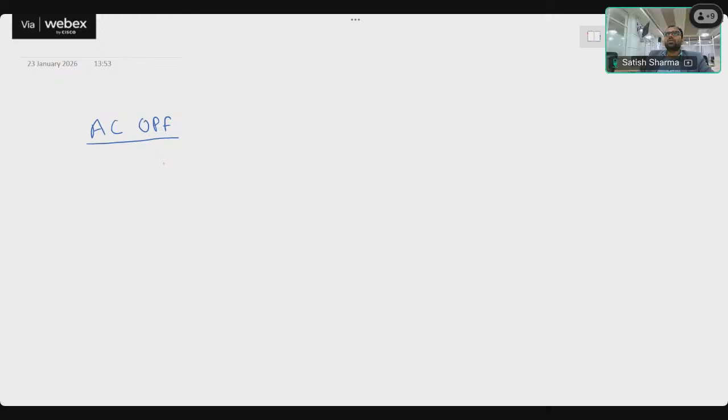Okay, so for DCOPF, we assumed that resistance is negligible, so no losses have been considered. So no losses in the system.